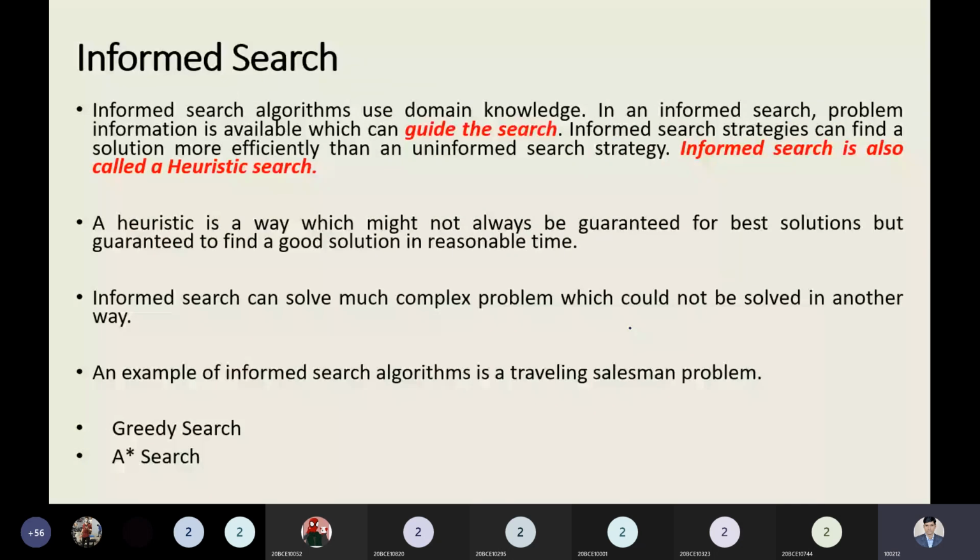Now let me explore more about informed search. Just focus on the red colored words. Informed search means we are talking about guided search. It means the information we follow will be a guided pattern. There are two kinds of ways: one is a guided pattern, another is an unguided pattern. The unguided pattern is in uninformed search, which is blind search.